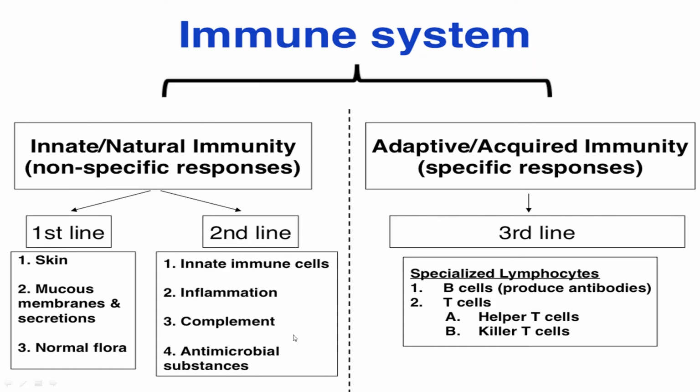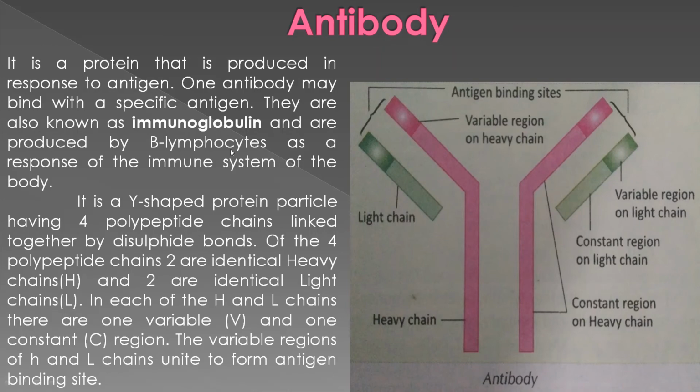And the third line is the acquired immunity. The specialized lymphocytes act here, like B cells and T cells. Okay, B lymphocytes, T lymphocytes. B lymphocytes produce antibody. You have seen here that it is produced by B lymphocytes.